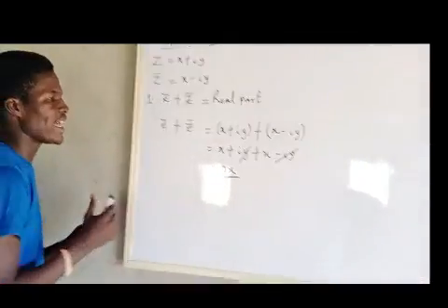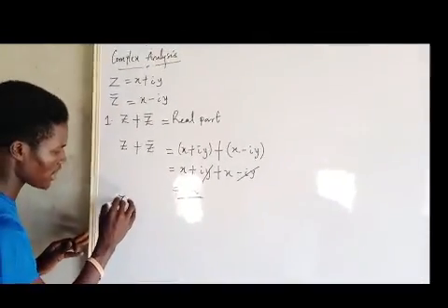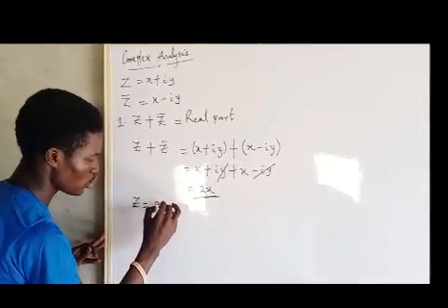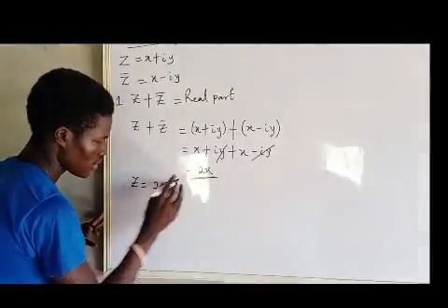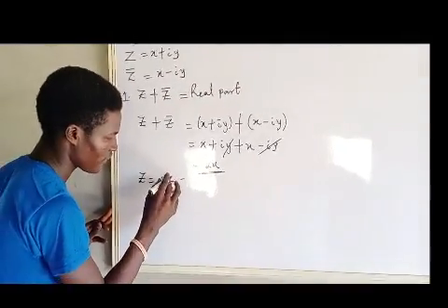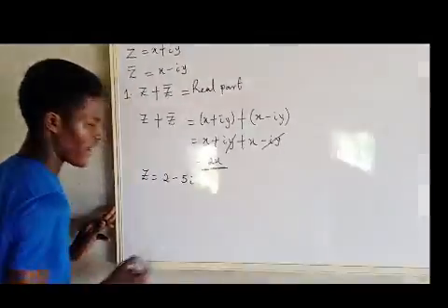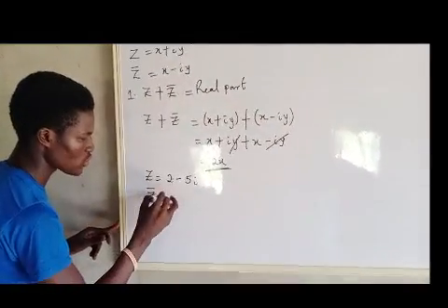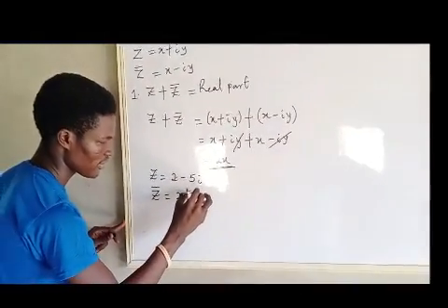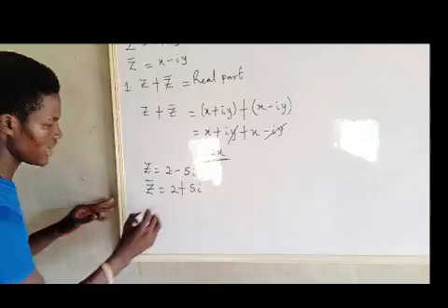Now let's say I have a complex number z equals 2 minus 5i. The conjugate of this one will be what? 2 plus 5i. Now let's check through that.